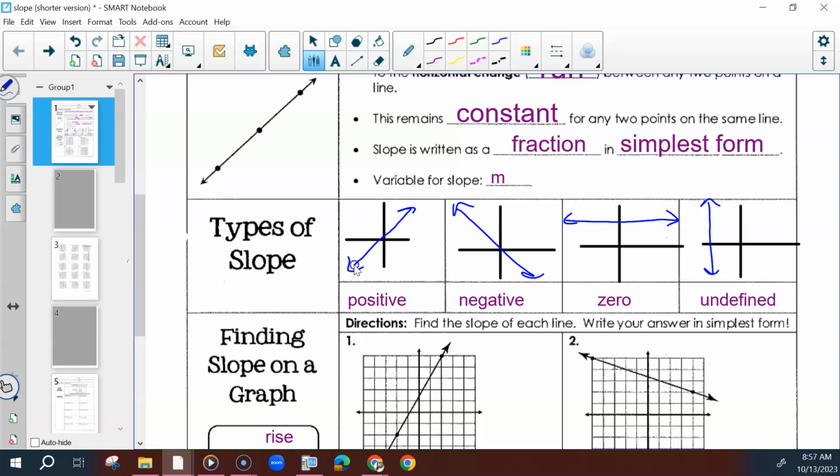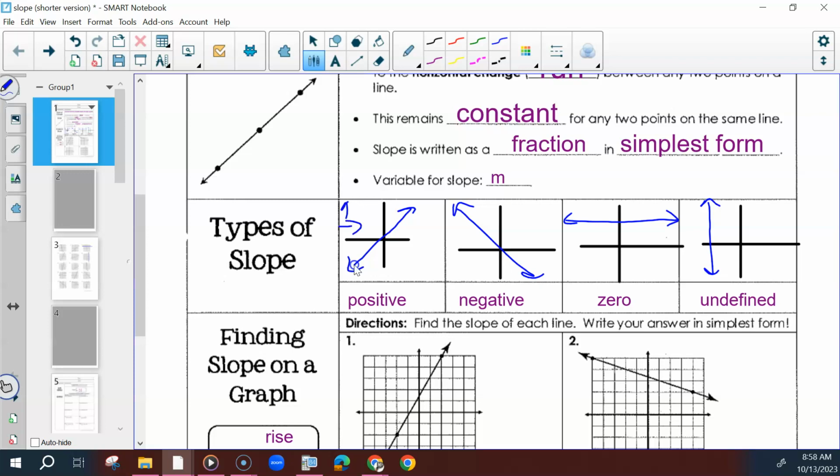So when we are thinking about our slopes, we have to think about directions. If we have a positive slope, so if I'm looking at this left to right, my rise, I keep going up, and I'm going to the right.